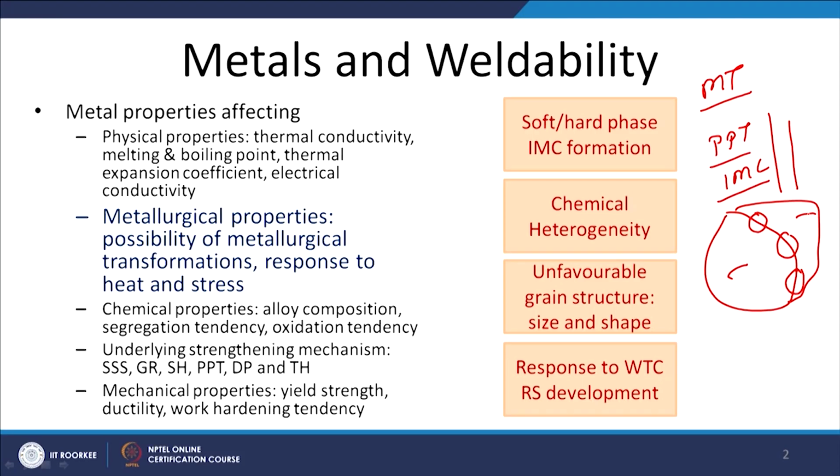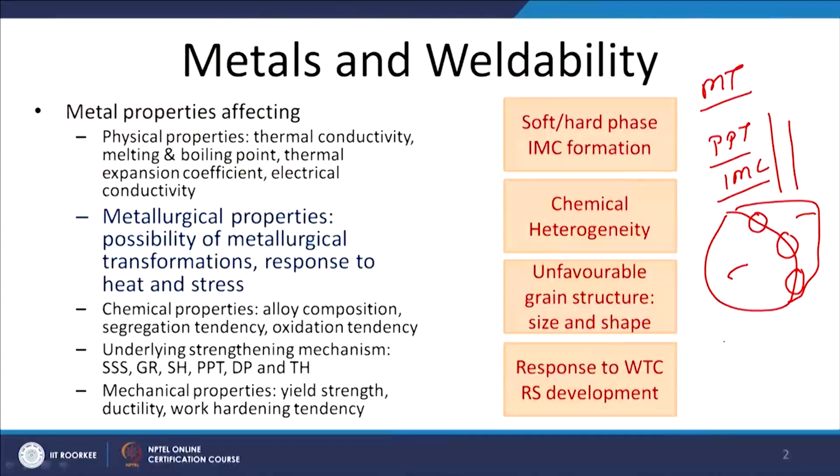So, this kind of chemical heterogeneity promotes the corrosion tendency of the material, and sometimes stress corrosion cracking along the grain boundary is also encouraged, and this happens especially in cases like stainless steel and austenitic stainless steel, where weld decay is observed.